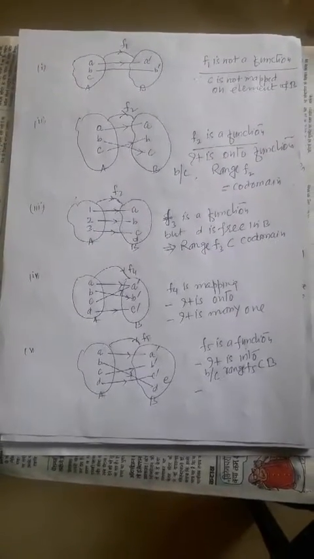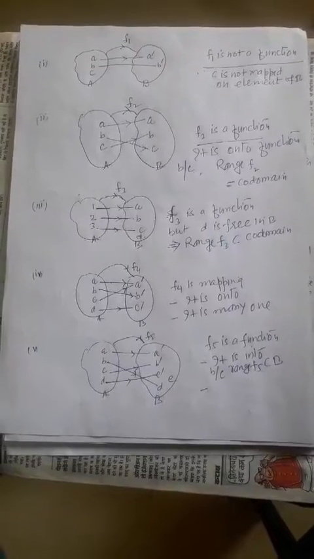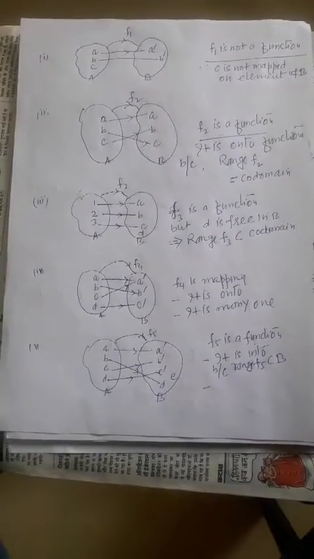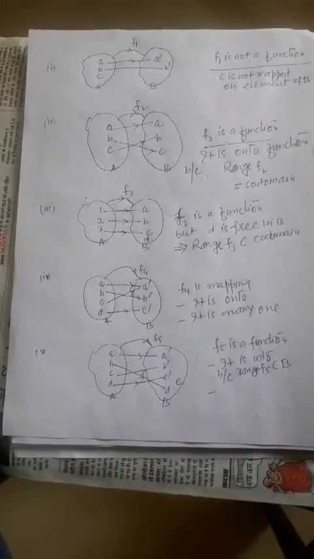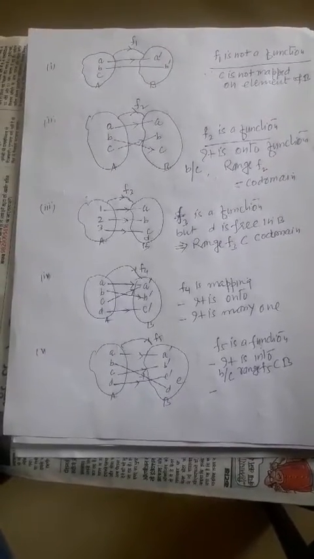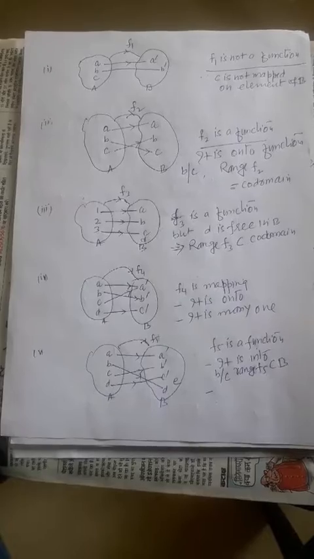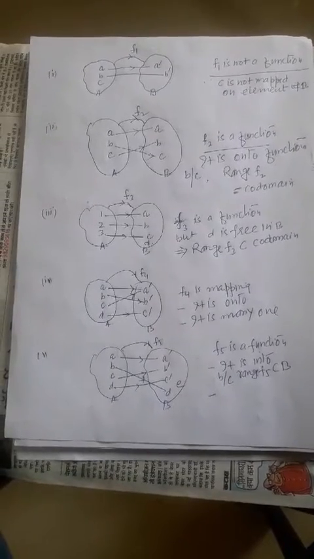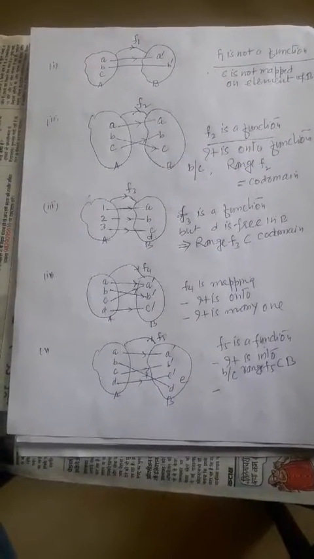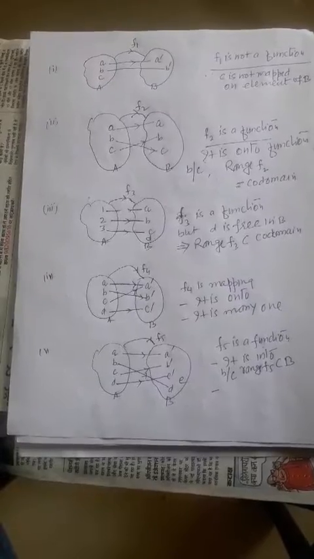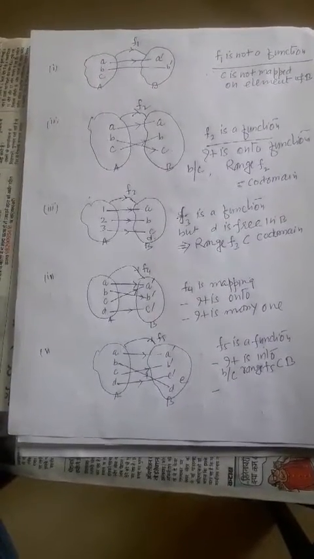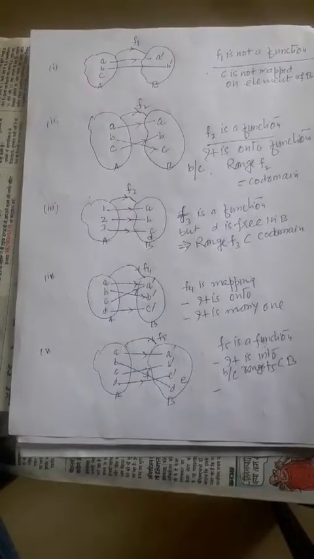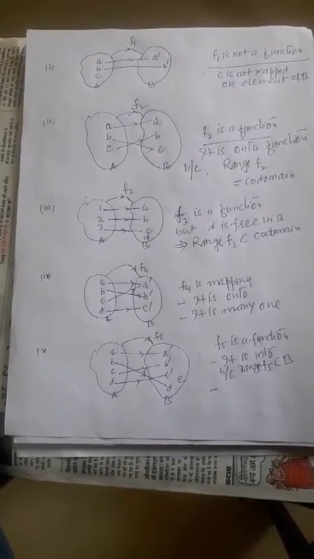Now, in the next pictographic representation, f3 from A to B, set A contains 1, 2, 3. These are the domain elements, and a, b, c, d are the codomain, that is, the elements of B. 1 is mapped over a, similarly 2 over b, and 3 over c. d is free.